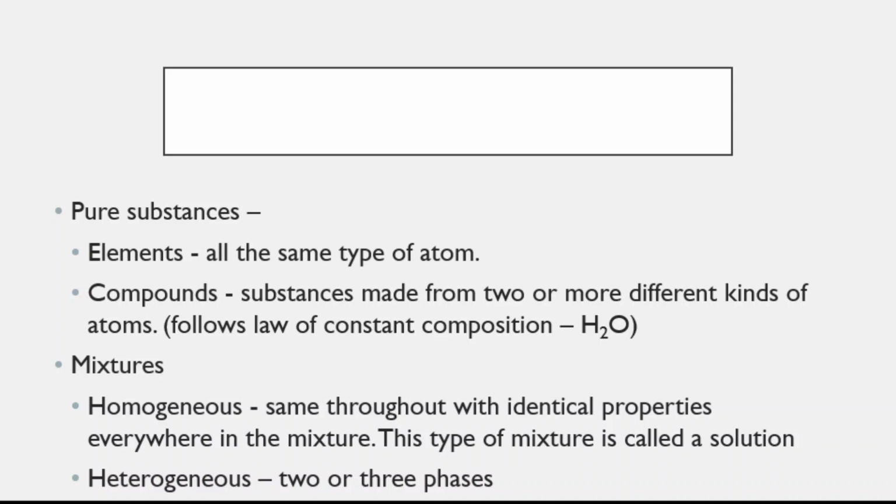Okay, now homogeneous just means that it's the same throughout. It has identical properties everywhere in the mixture, and can also be referred to as a solution. Important for me to mention here, you can classify in terms of what they look like at the particle level of an element and compound.